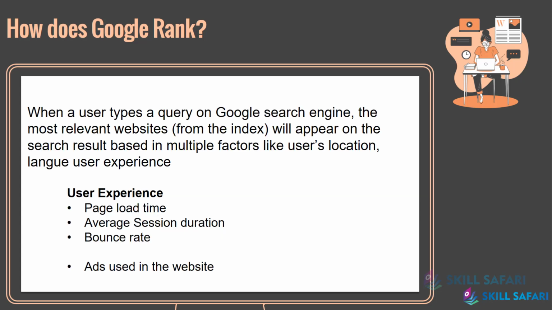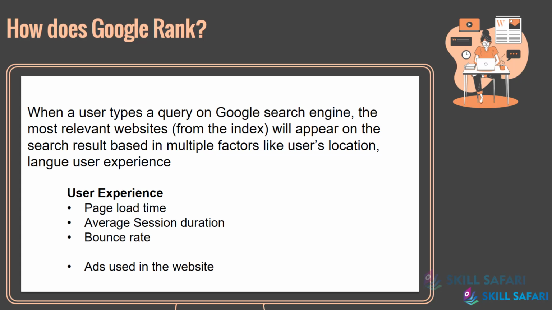Now let's see the process Google follows. When a user types a query on the Google search engine, for example, science experiments for school students, it will first search from these indexes. Which websites have the exact title? It will search for the websites first having science experiments for students.